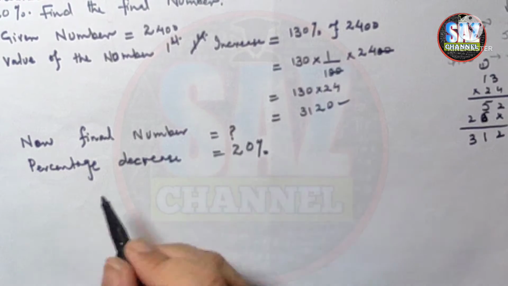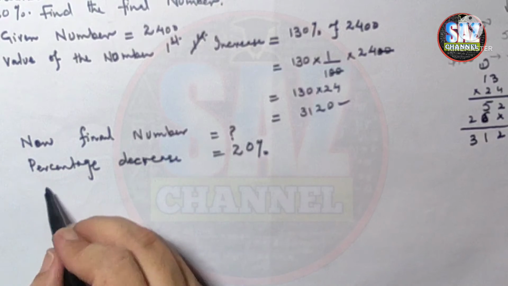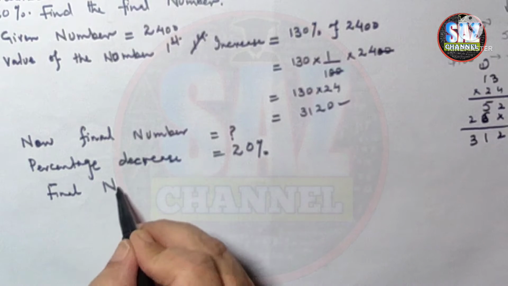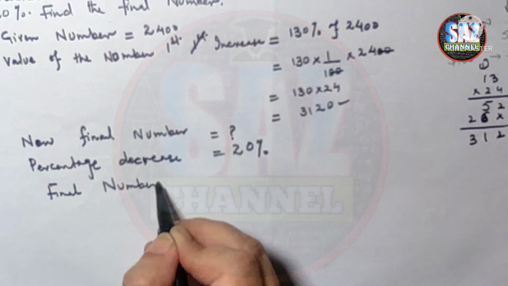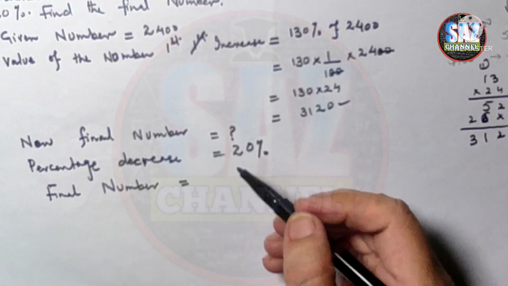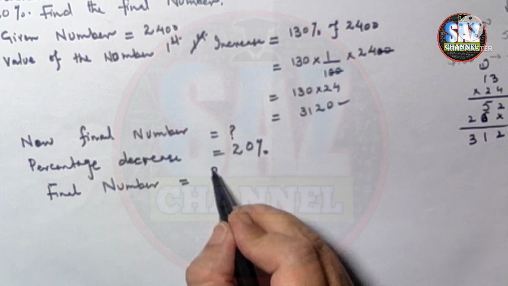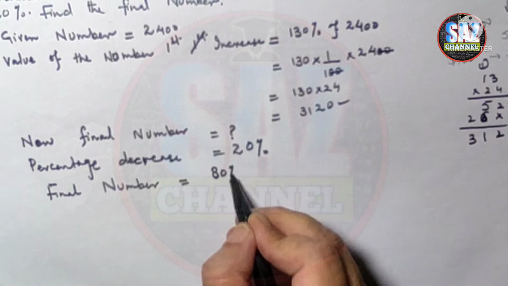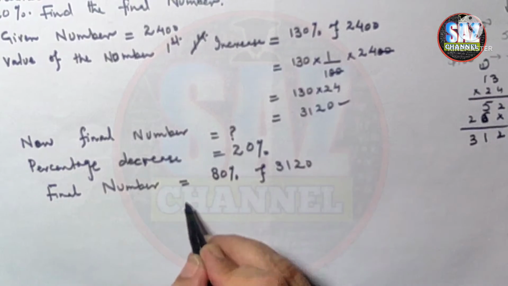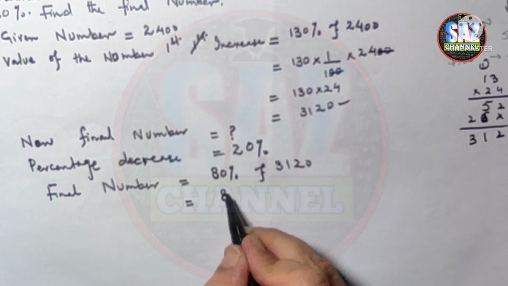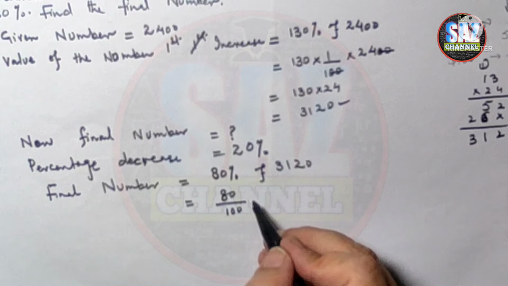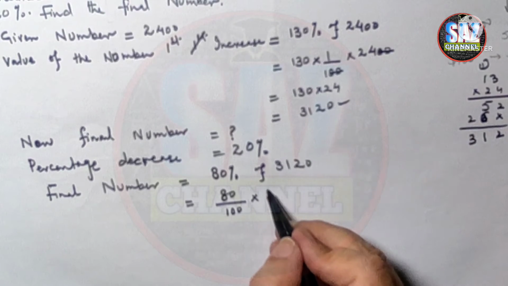So our final number will be equal to what? As there is a decrease of 20%, it means we have to find 100 minus 20, which is 80% of 3120. And when I remove the percentage sign, I have to divide it by 100 and multiply by 3120.